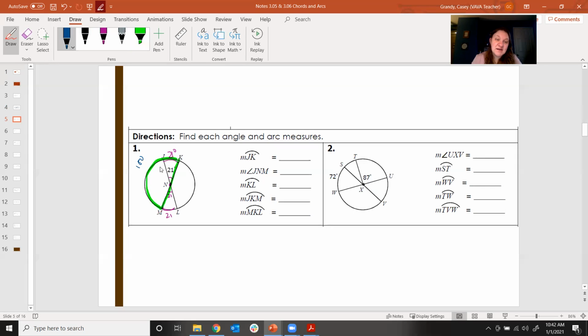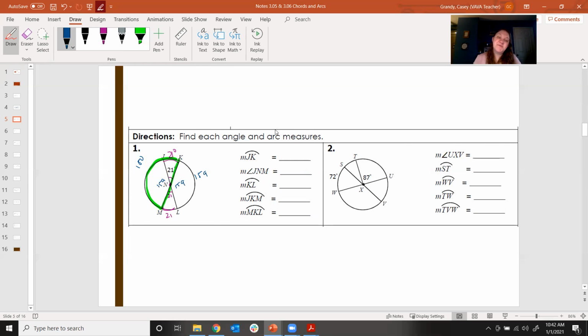So I know that the arc MJ is 159, which also means that the measure of angle MNJ is also 159. And so now that also means that arc LK or angle LNK is also 159 because they are vertical to each other here.